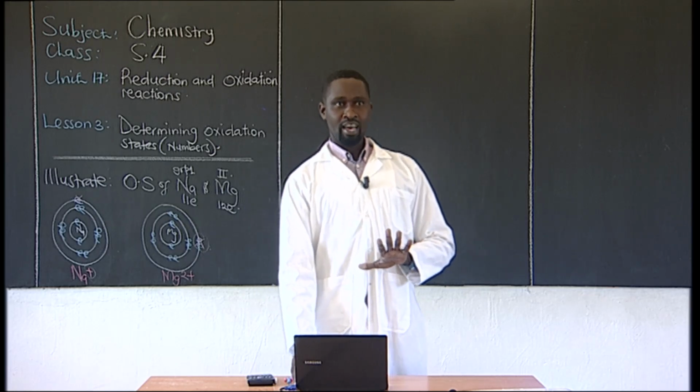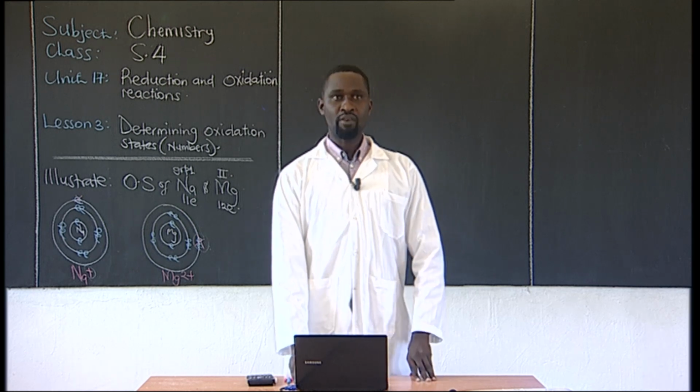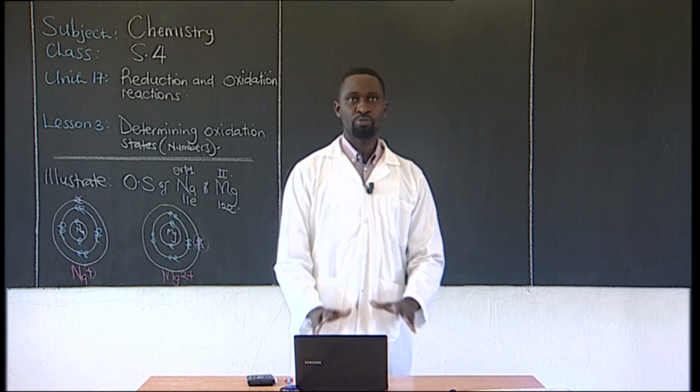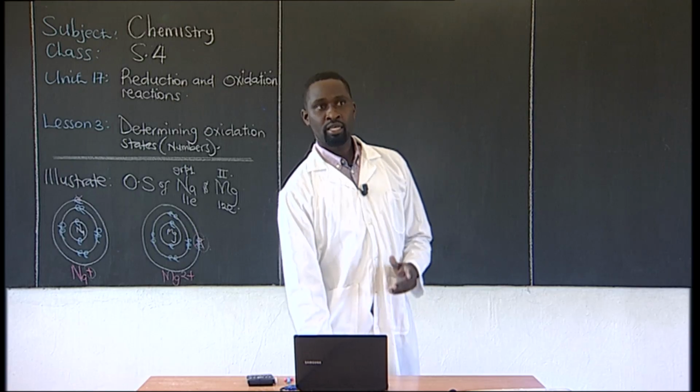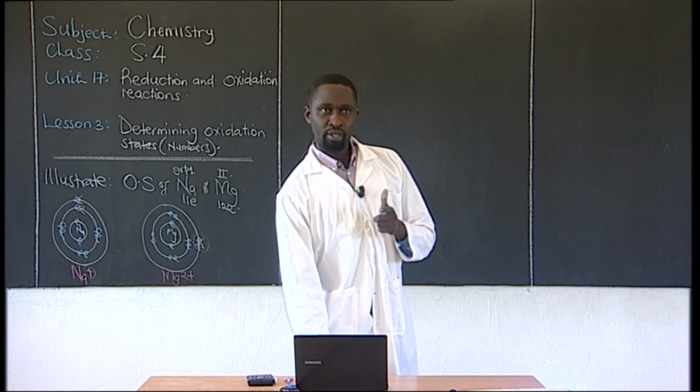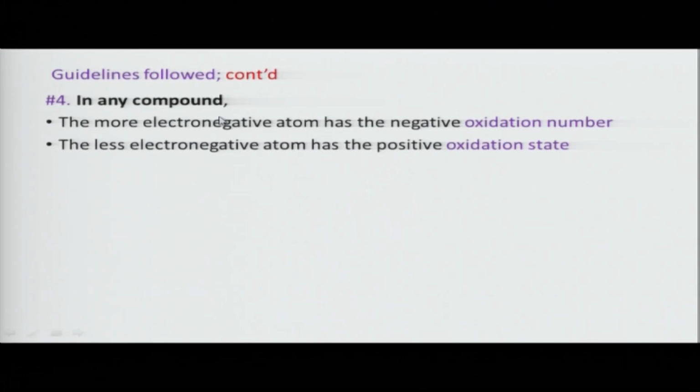One more aspect before we try a few examples: in a compound, if you have a more electronegative atom and a less electronegative atom combined together, then the more electronegative atom will have a negative oxidation state because it will gain electrons.